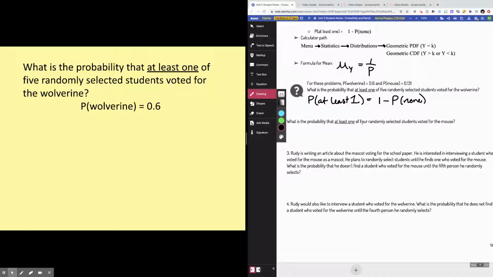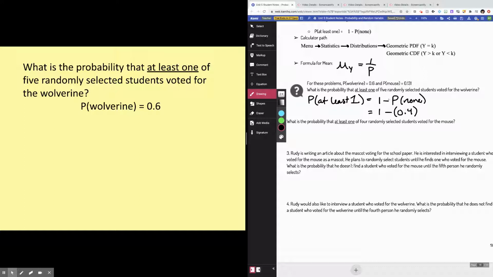We're talking here about at least one of the students voting for Wolverine. So this probability of none is saying that none of the students voted for Wolverine, which means they voted for something else. So that probability is 0.4, because the probability of success is 0.6.